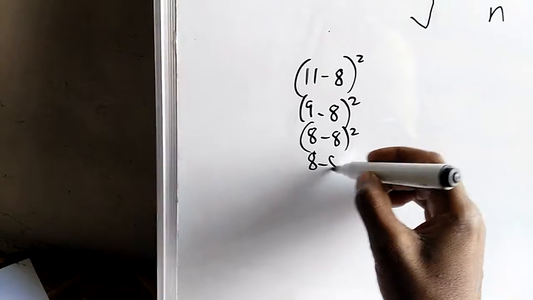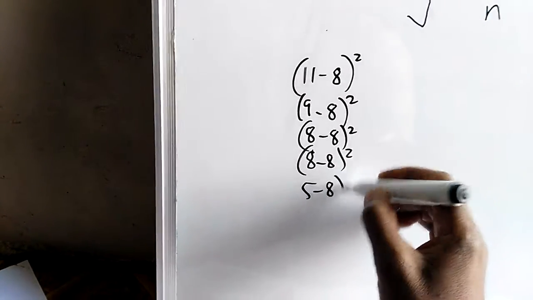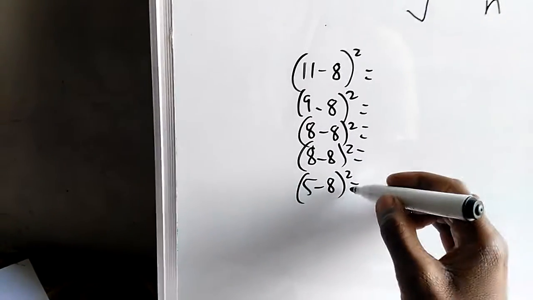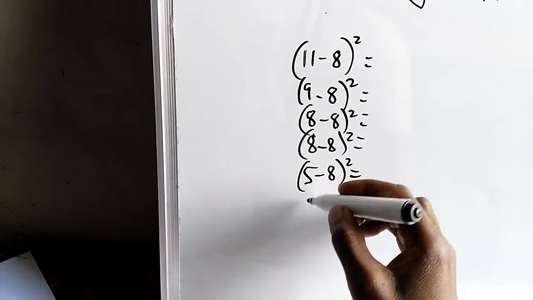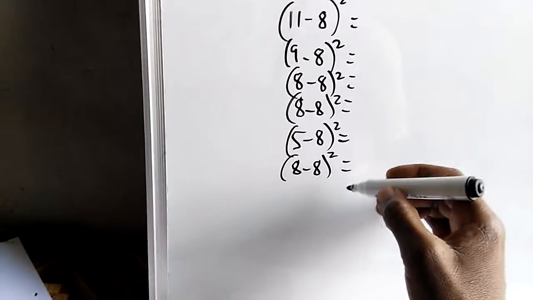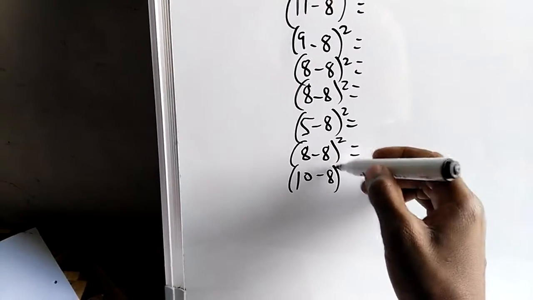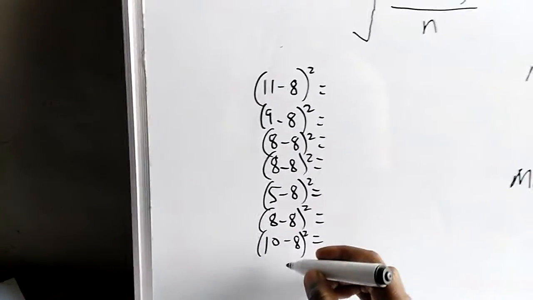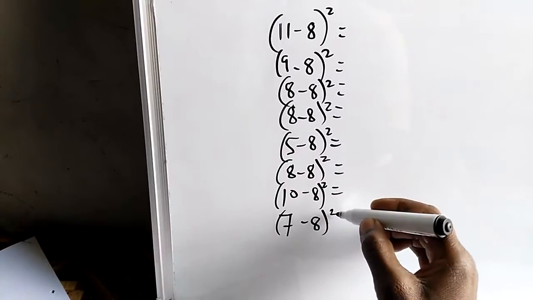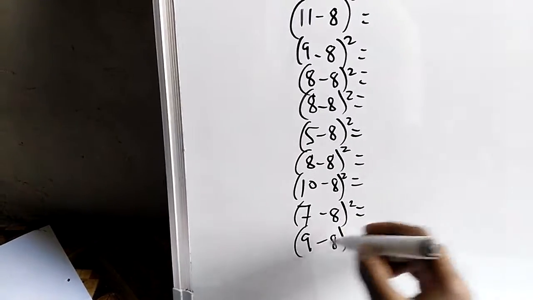Another 8 take away mean, square. 5 take away mean, square. We have 8 take away mean, square. We have 10 take away mean, square. You have your 7 take away mean, square. You have your 9 take away mean, square.